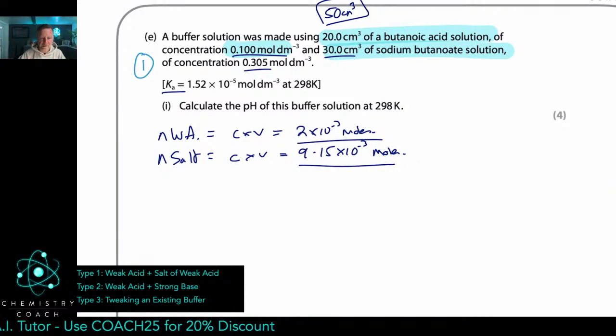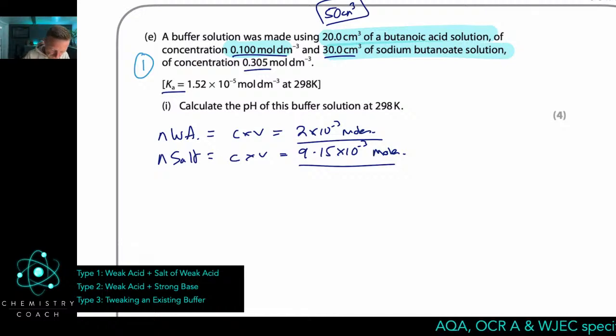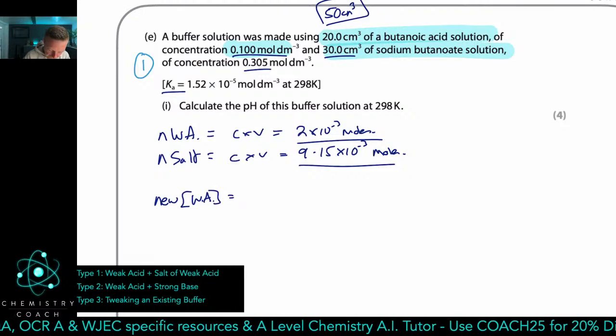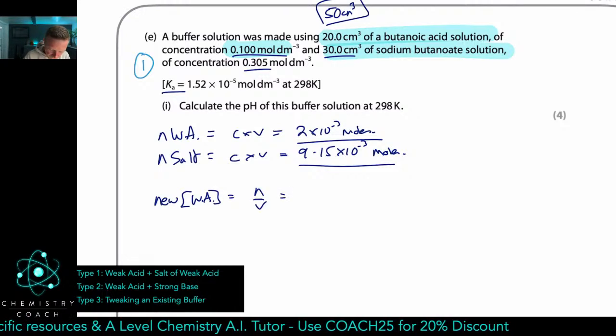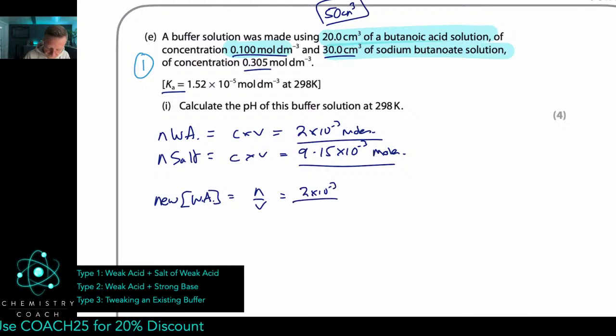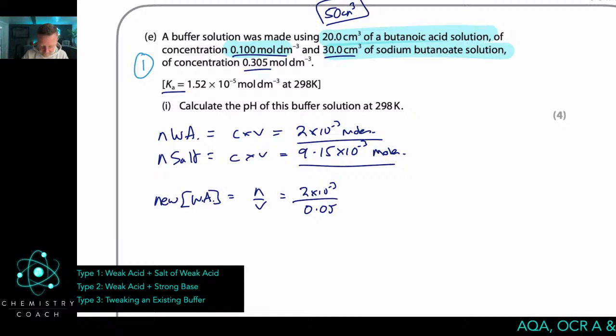What we need to do now is find their new concentrations once we've mixed them together in terms of 50 centimeters cubed. So the new weak acid concentration is number of moles divided by volume. So that's 2 times 10 to the minus 3 divided by 0.05, because that's 50 centimeters cubed in decimeters.